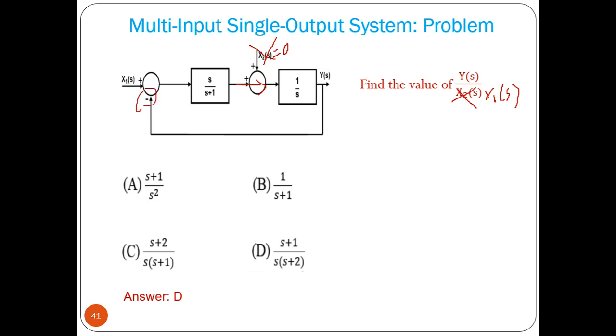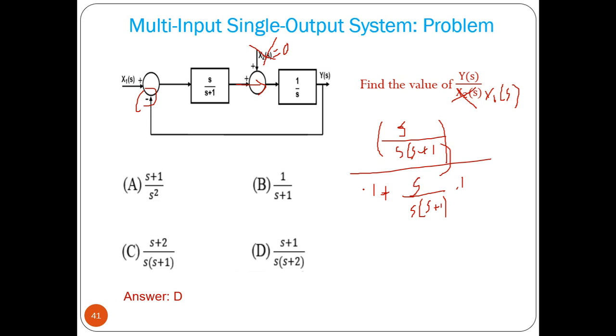So the formula we write directly as s divided by s into s plus 1, this is your G now, right? s into s plus 1, G divided by 1 plus G into H, H equal to 1 here, so this is the factor, into 1. Now we have to add this.